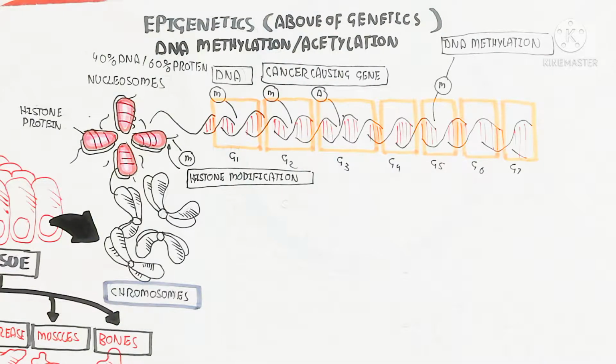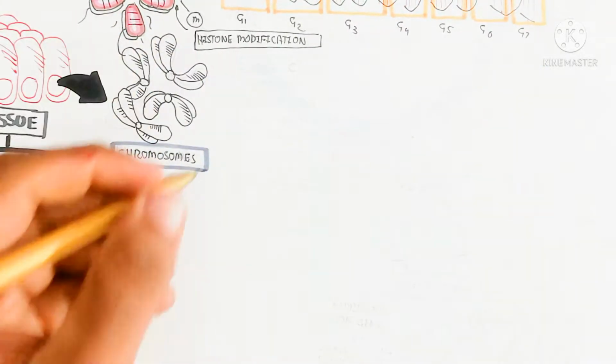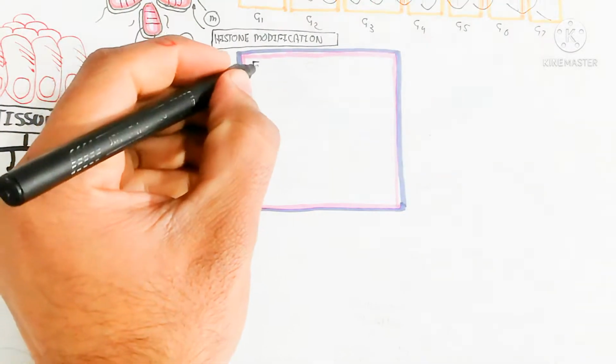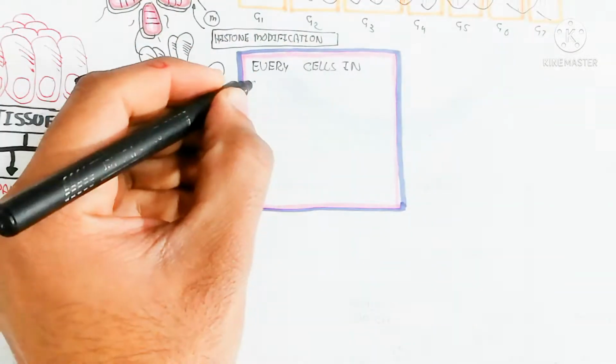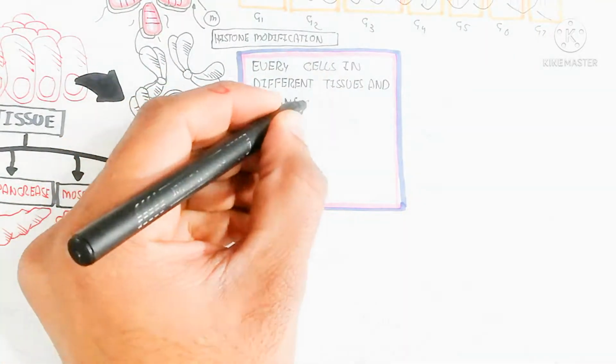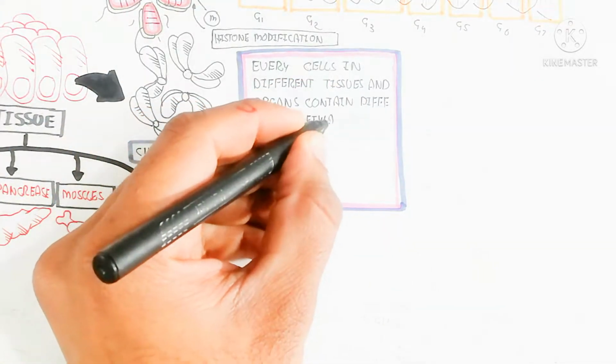So cancer-causing genes, for example, can be hidden or suppressed due to DNA methylation, for example gene 1, gene 2, etc. Every cell in different tissues and organs contains different acetylation and methylation patterns.